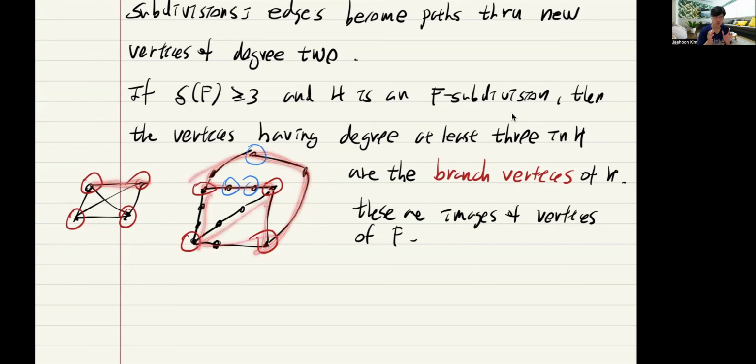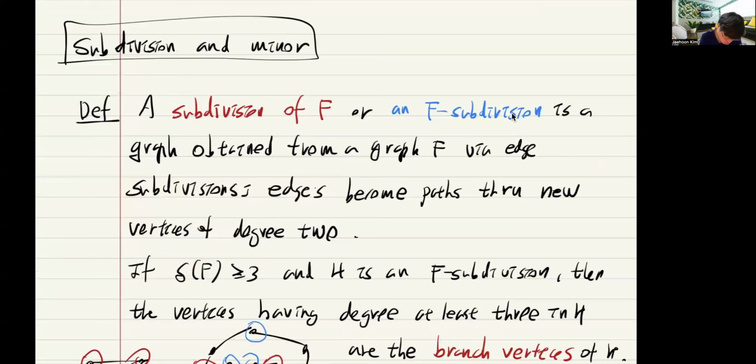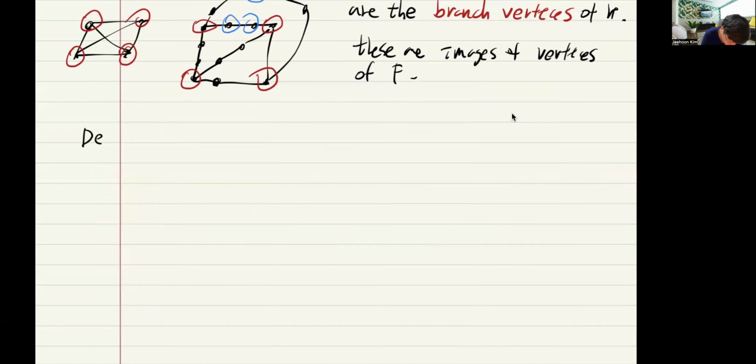So once you draw on the plane, drawing one and drawing the other are the same. So this subdivision is a natural operation we consider for studying planar graphs.